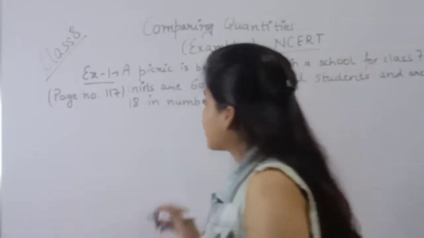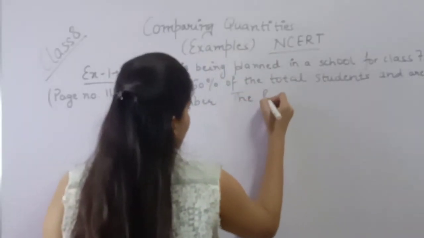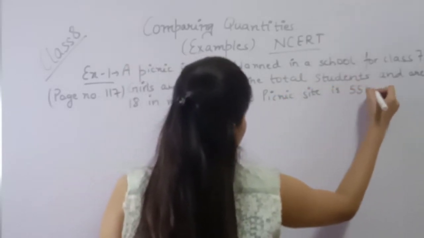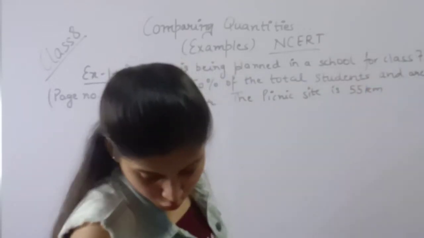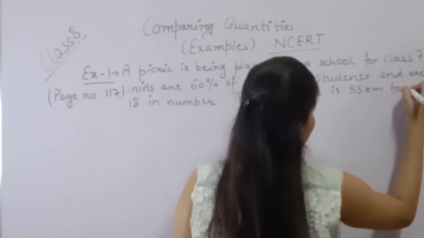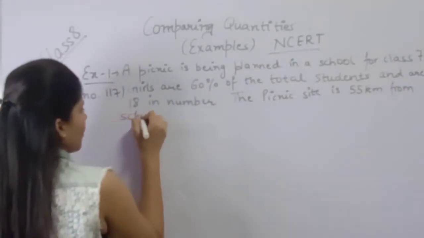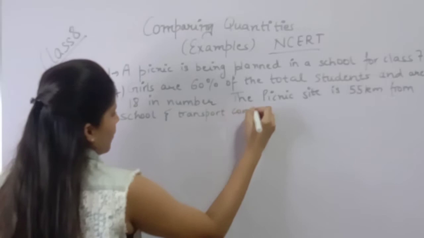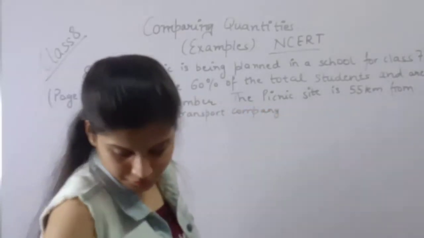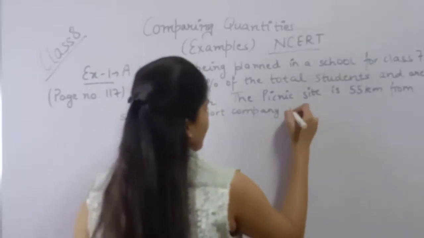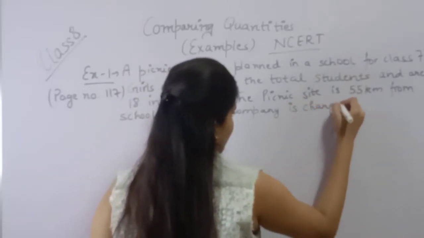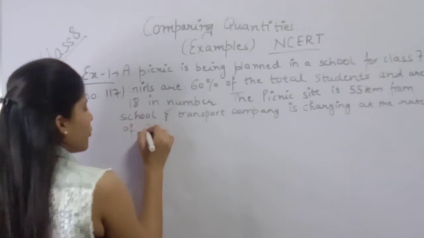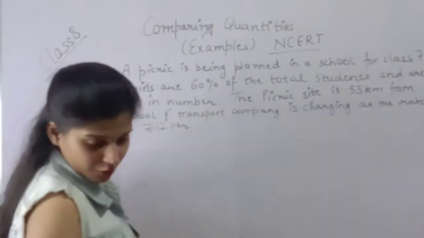The picnic site is 55 km from the school and the transport company is charging at the rate of rupees 12 per kilometer.